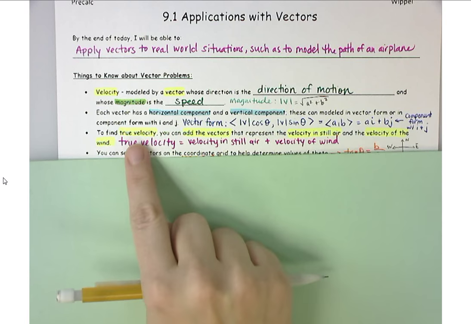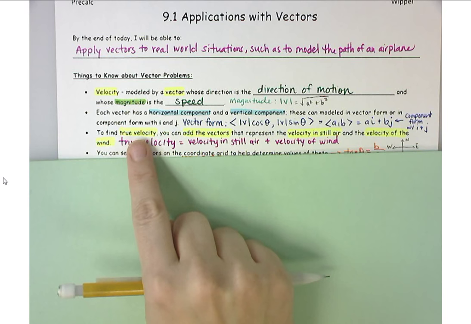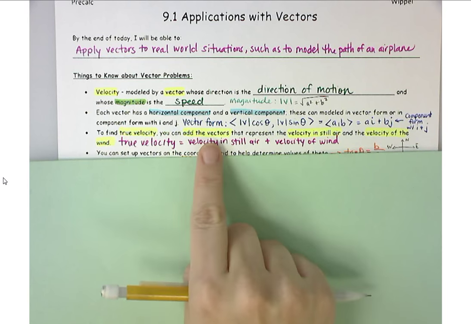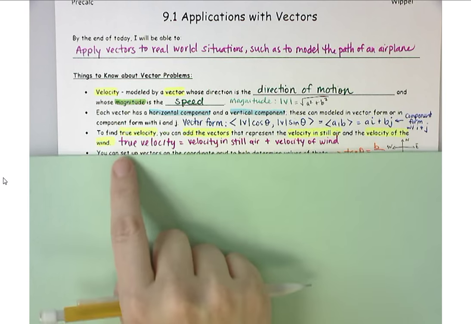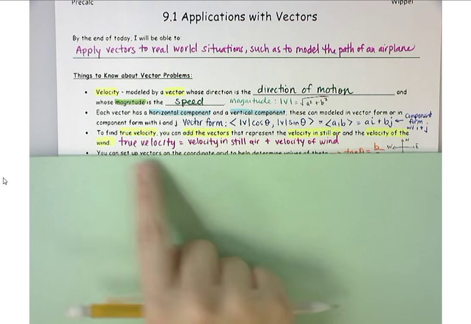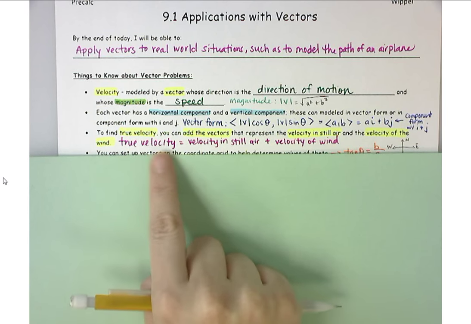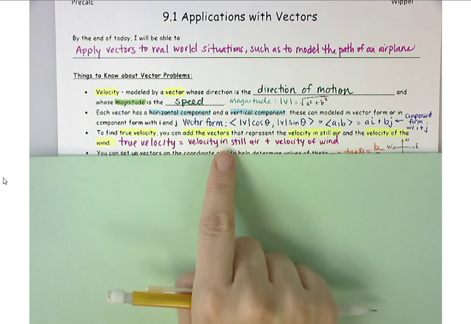So to find the true velocity, which is something that we're going to do a lot of today, you can add the vectors that represent the velocity in still air and the velocity of the wind. So the true velocity is going to be equal to the velocity in still air plus the velocity of the wind.